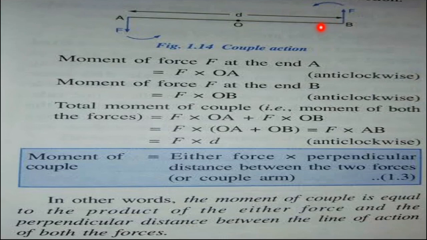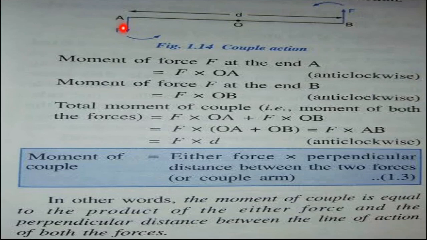These forces form a couple that turns the spanner about point O. The torque produced by both forces of the couple have the same direction. The direction of this force is anti-clockwise, and you can also see that the direction of this force is also anti-clockwise. Now, as we know, the formula of torque is equal to force multiplied by moment arm.